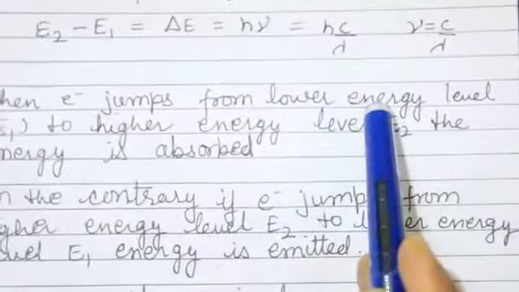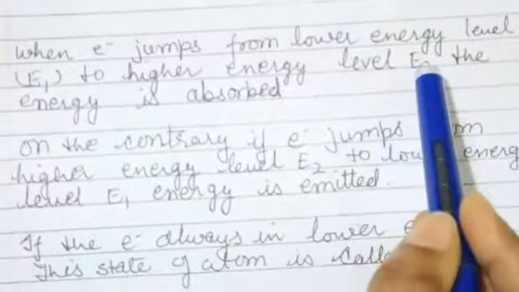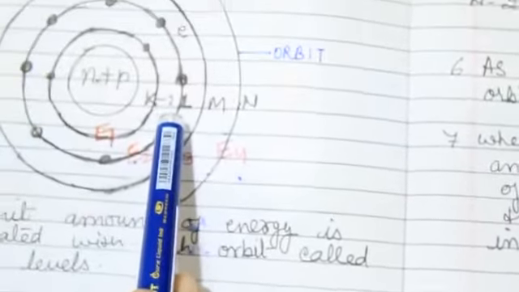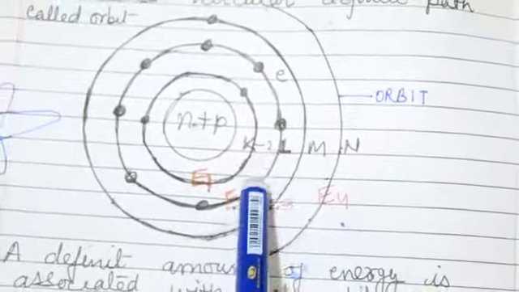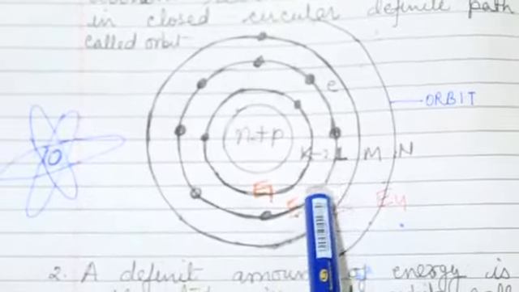So when an electron jumps from a lower energy level to a higher energy level, the energy is absorbed, because it wants energy to reside in this orbit. That is why energy gets absorbed.